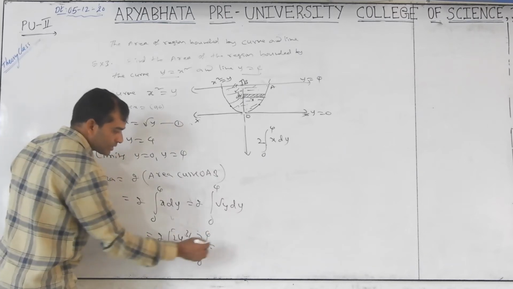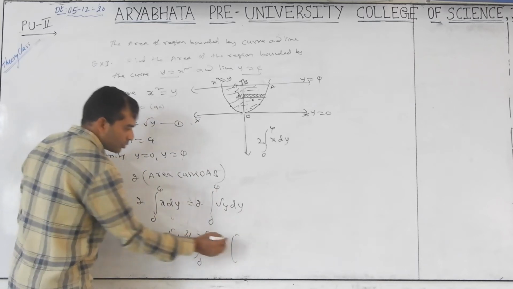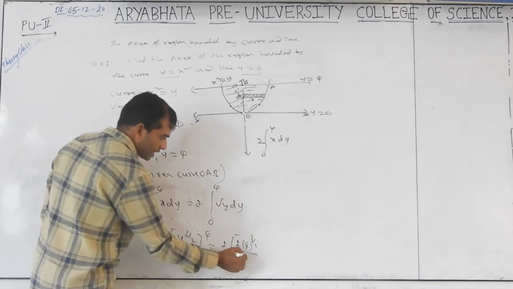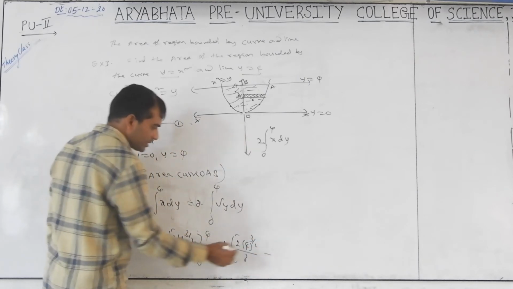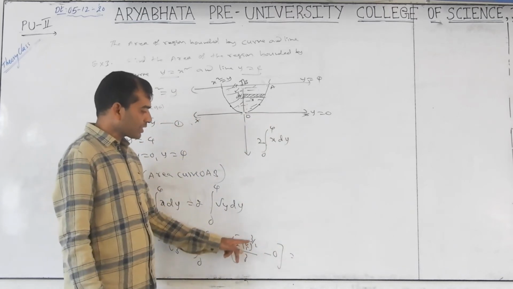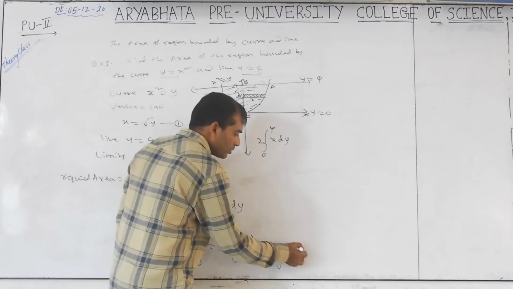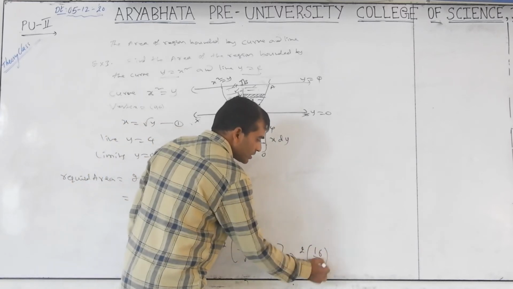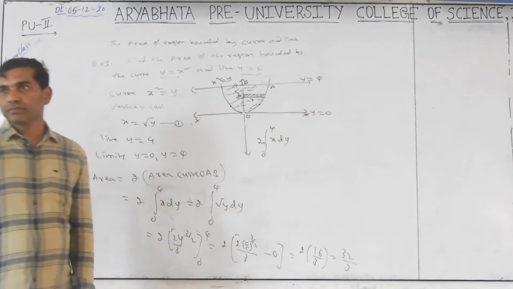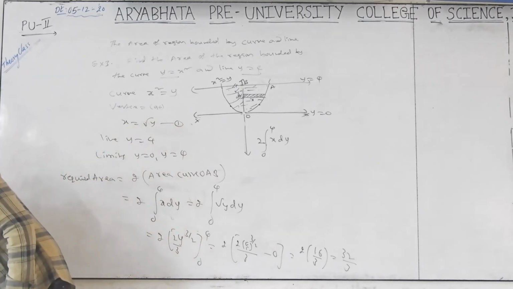These are y limits. Applying 4: 2 into 4 power 3 by 2 divided by 3 by 2, minus the lower limit, which is 0. The 2s cancel to give 8 into 16 divided by... so 2 into 16 by 3, which is equal to 32 by 3. Understood?